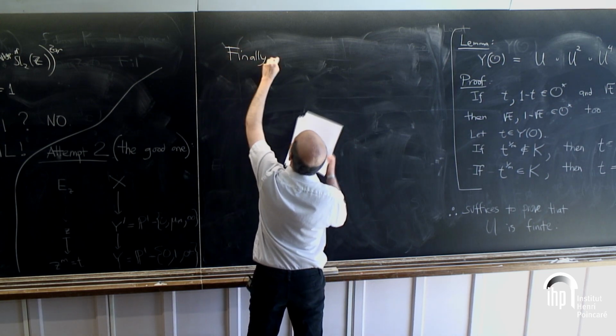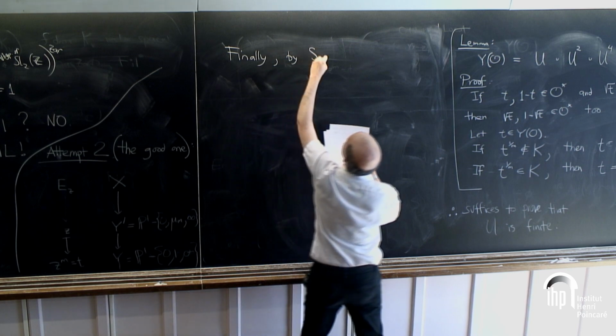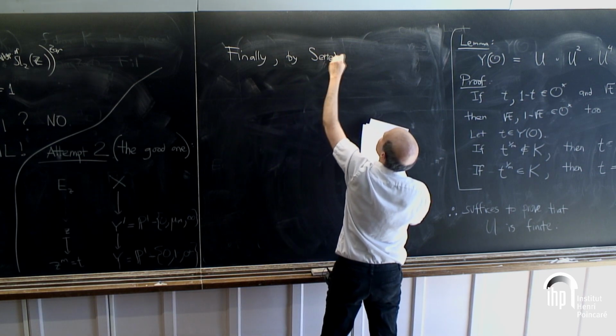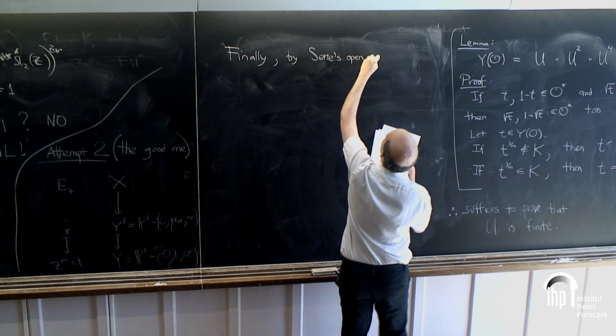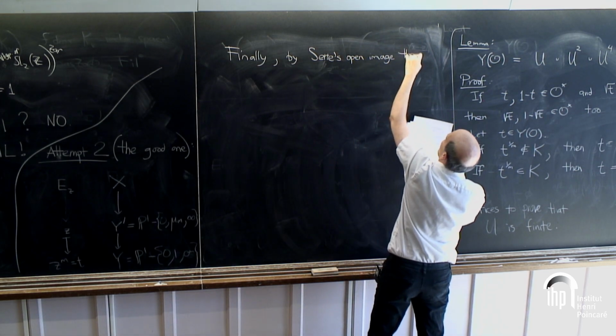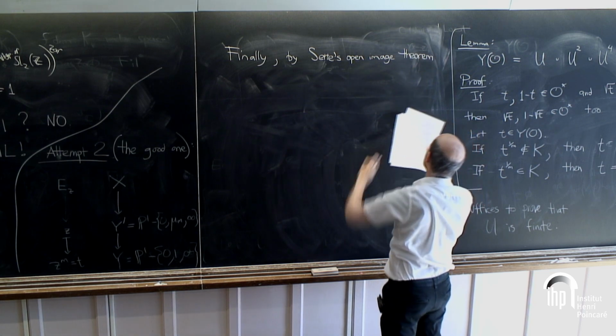But I'm just going to take the easy way out and use Serre's open image theorem. This tells me something about the Galois representations associated to elliptic curves.